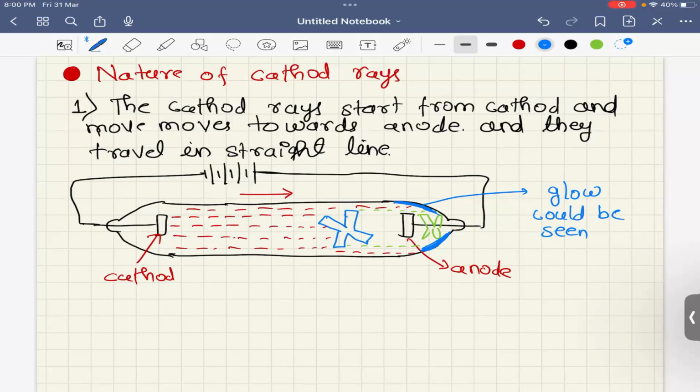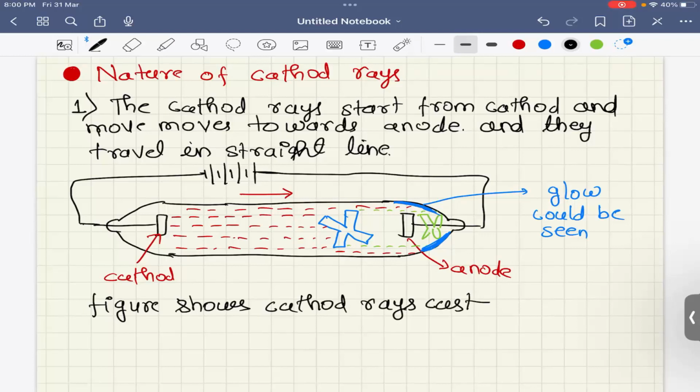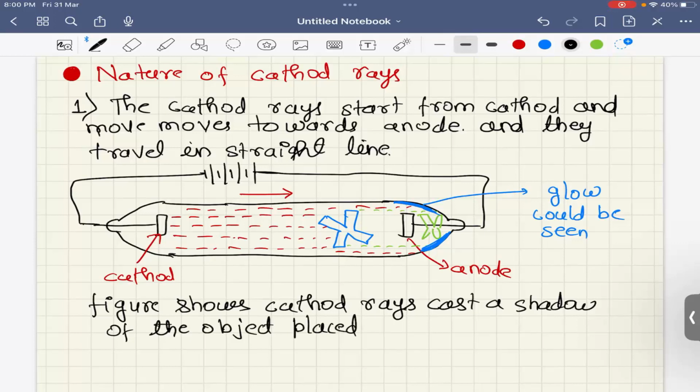So what does this figure show? The figure shows that cathode rays cast a shadow of the object placed in the path, right?